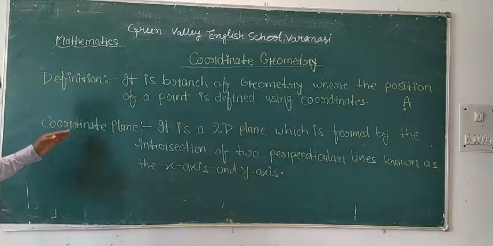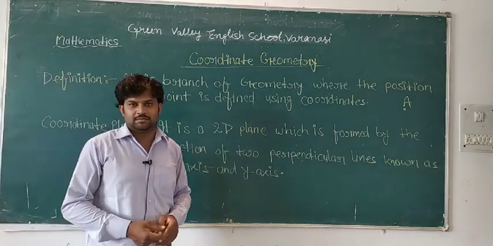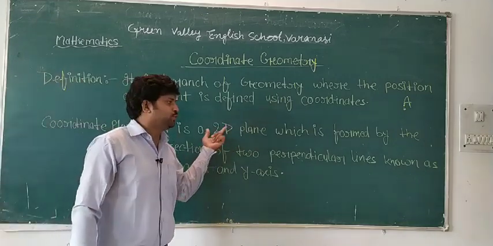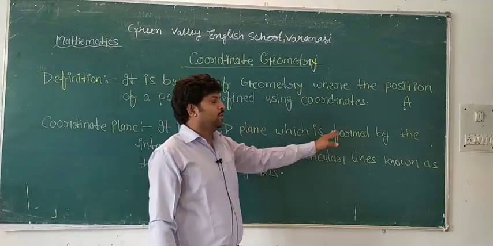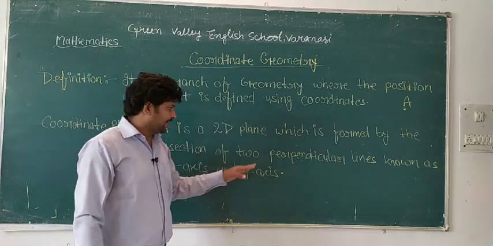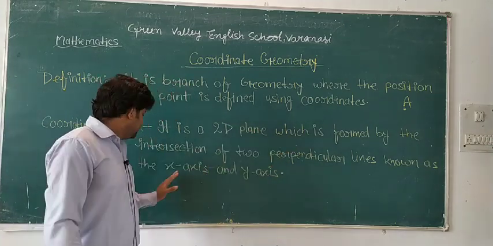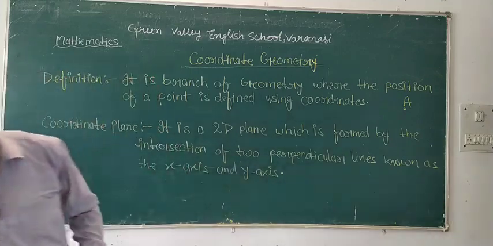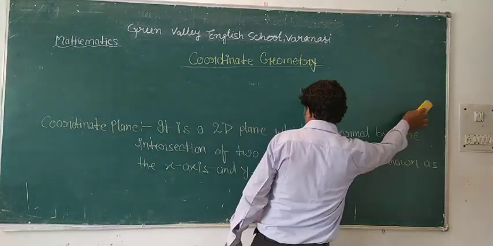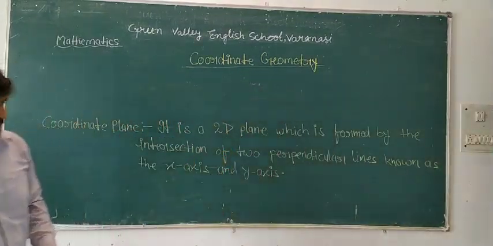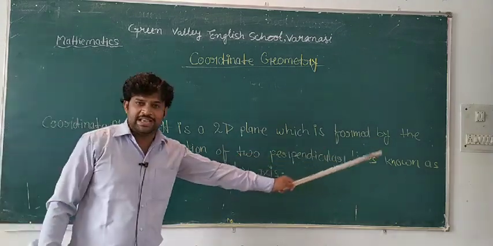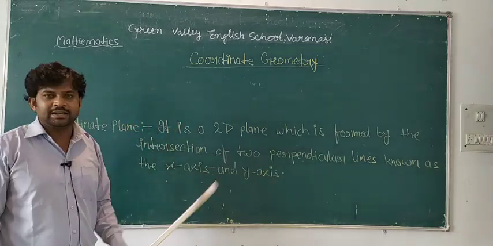Next one, coordinate plane. What is a coordinate plane? A coordinate plane is a two-dimensional plane, 2D, which is formed by the intersection of two perpendicular lines known as the x axis and y axis.